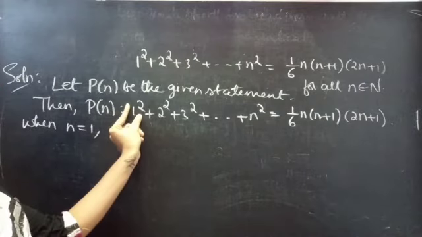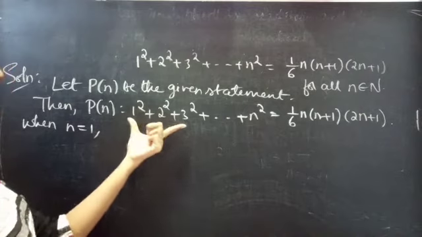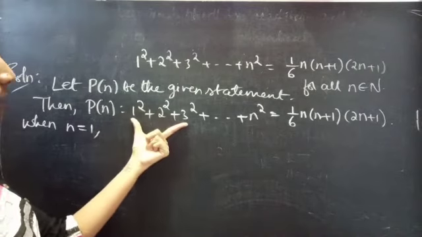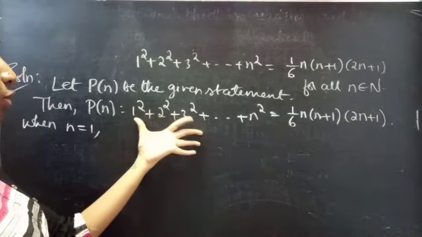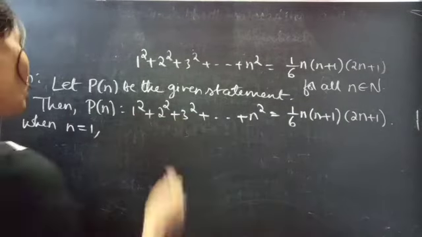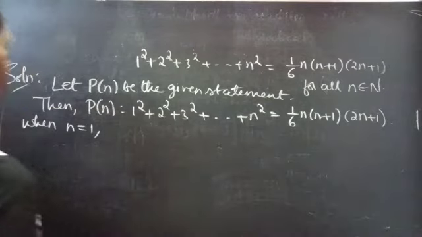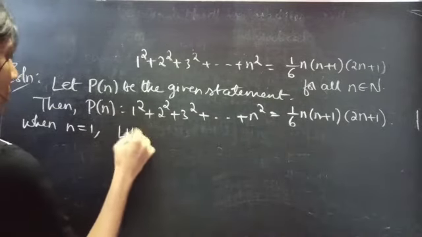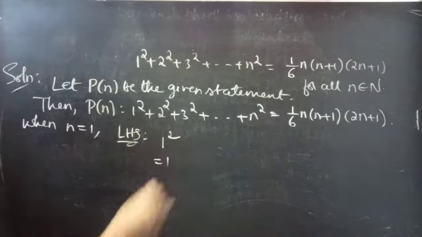If we are asked to prove for n equals 2, we'll simply take the sum of 2 terms. When n equals 3, we'll take the sum of 3 terms. Likewise, when n equals 4, we'll take the sum of the first 4 terms. We are given the sum of n terms in the statement. Now coming to LHS, we get only the first term, 1 square, which equals 1.